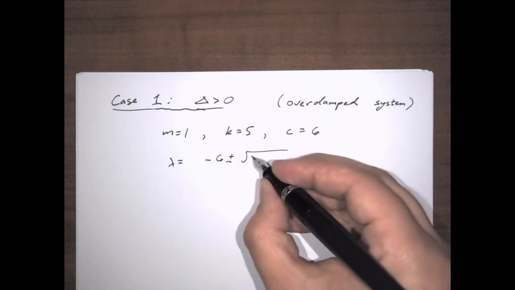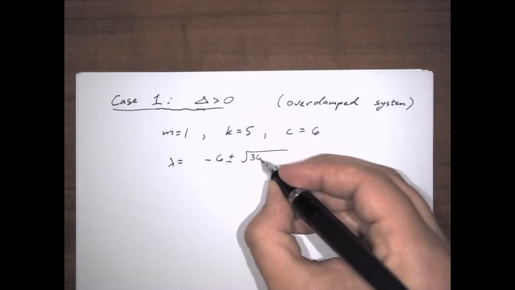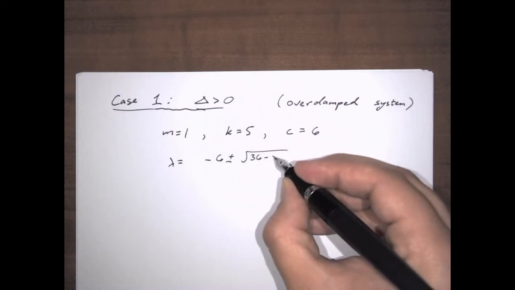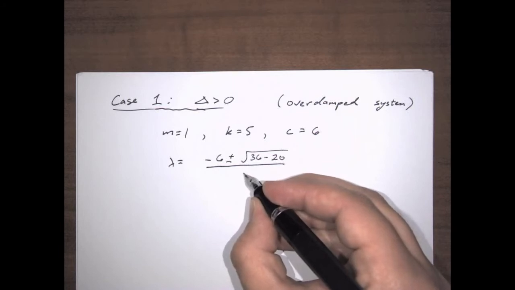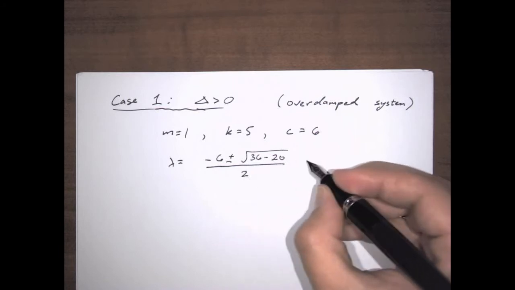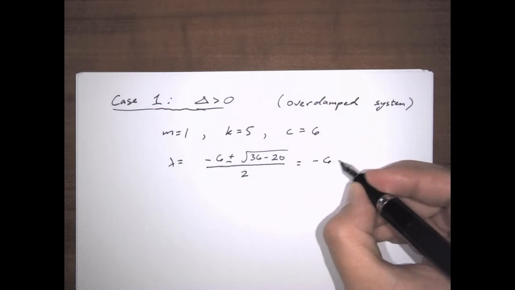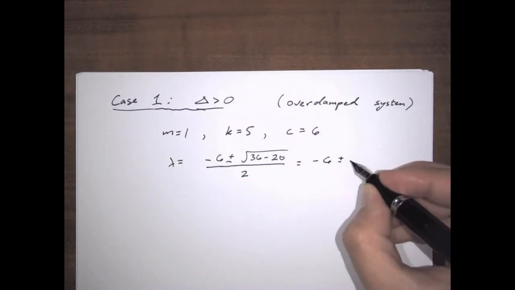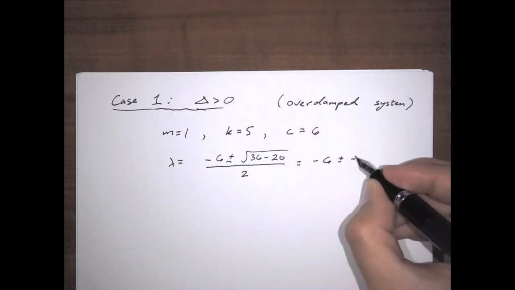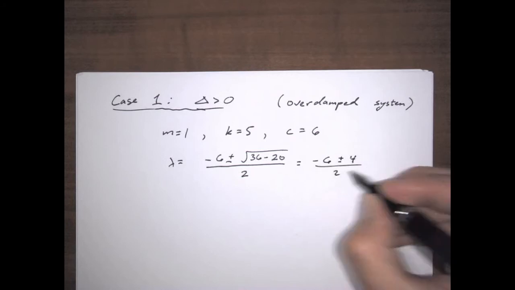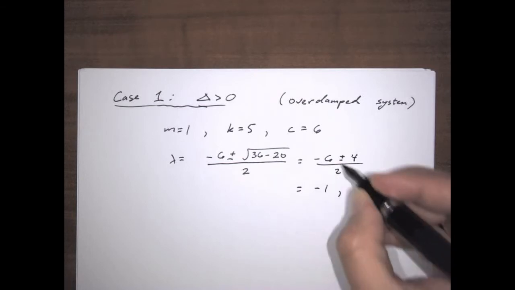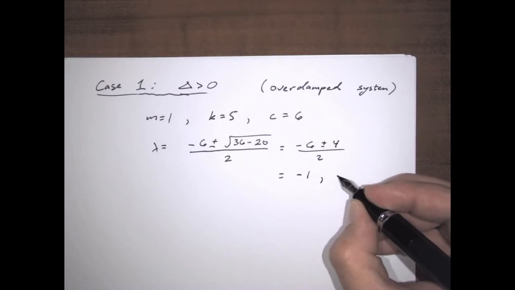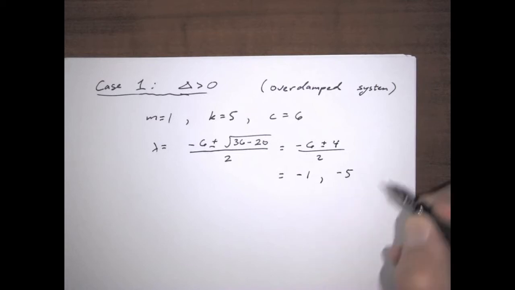Here c squared is 36 minus 4mk, divided by 2m. So -6 plus minus the square root of 16, which is 4, divided by 2. On the plus side, that's -2 over 2, which is -1. And on the minus side, that's -10 over 2, so it's -5.